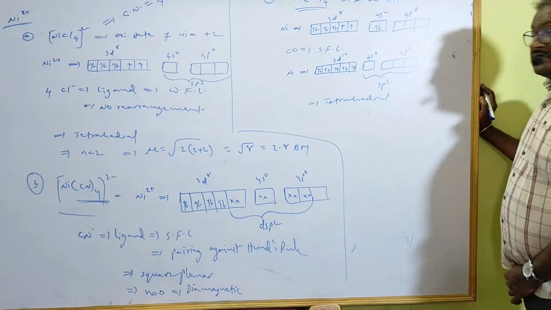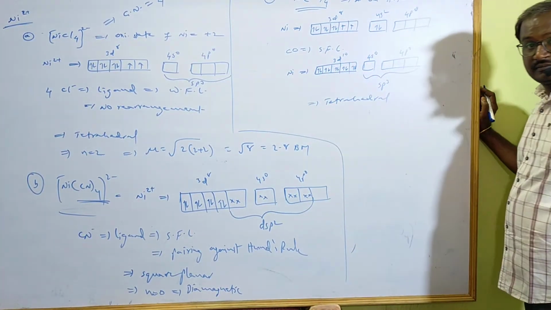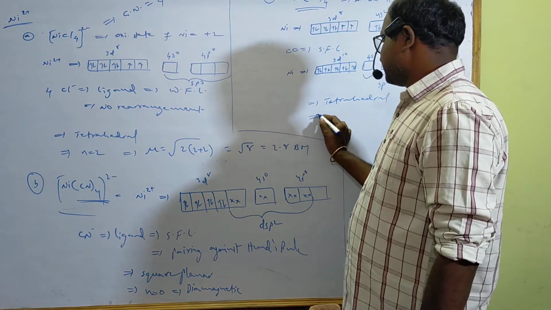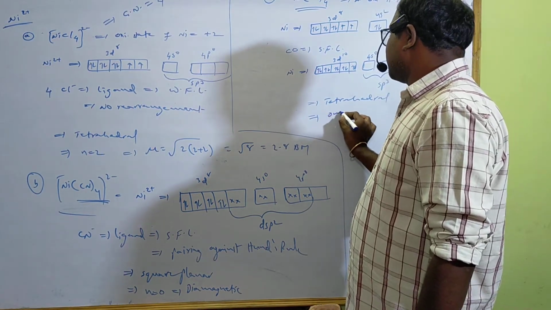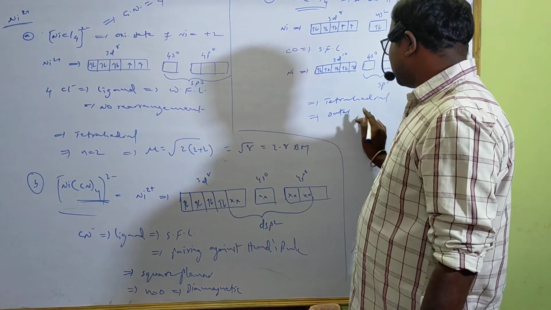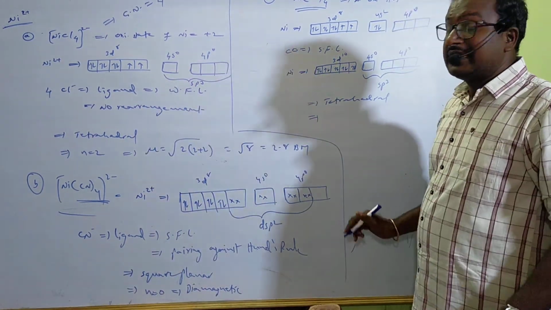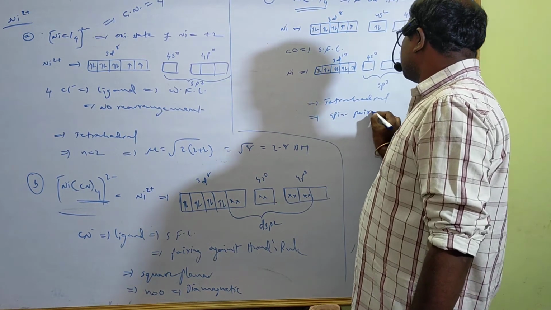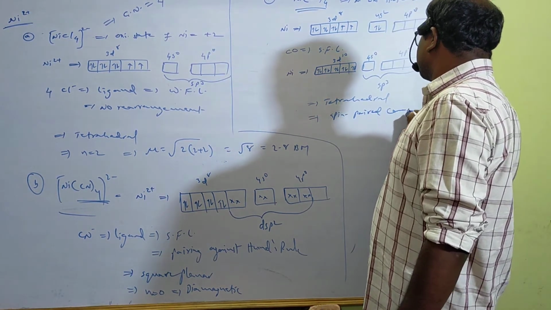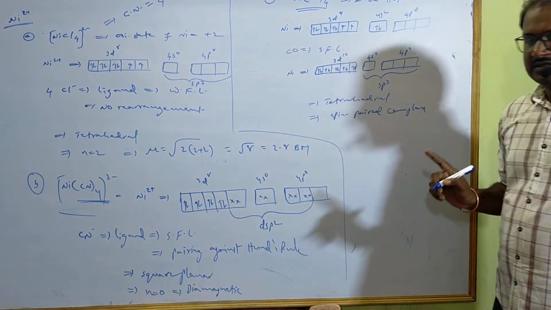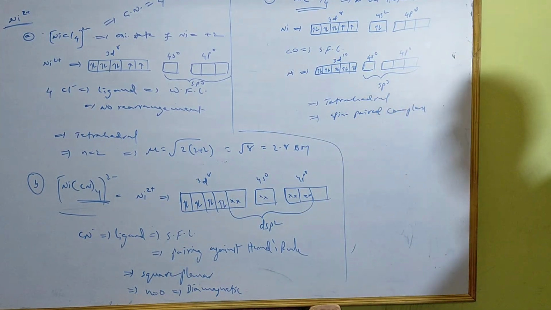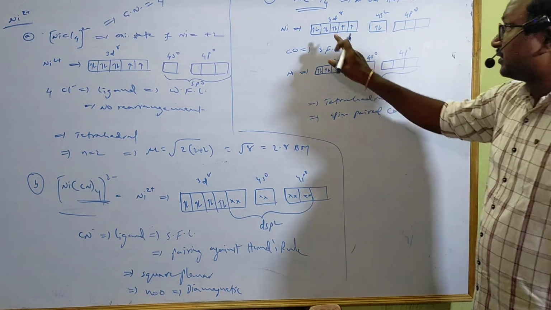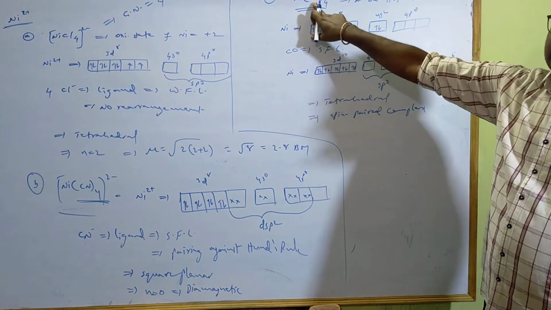But here pairing is taking place, yet it is not an inner orbital complex. So it is a tetrahedral outer orbital complex, and it is a spin paired complex, not spin free. Usually tetrahedral complexes are spin free, but here it is a spin paired complex. Got it?